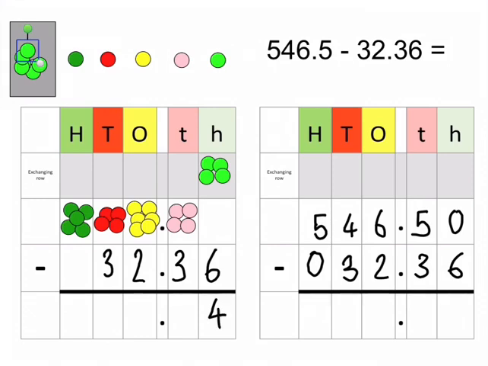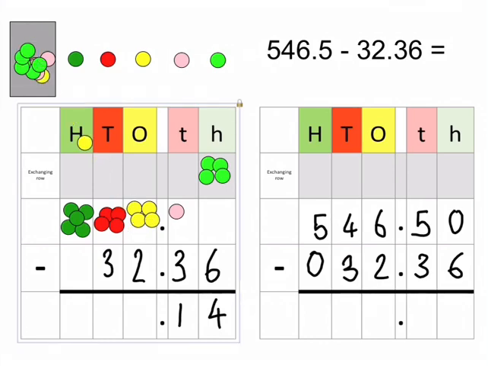Now I've got 4 tenths, take away 3. 1, 2, 3. Leaves me with 1. I've got 6 ones, that take away 2. Oops, that leaves me with 4. I've got 4 tens, take away 3. That leaves me with 1. And then 5 hundredths, take away none of them, and I've still got all 5 of them.